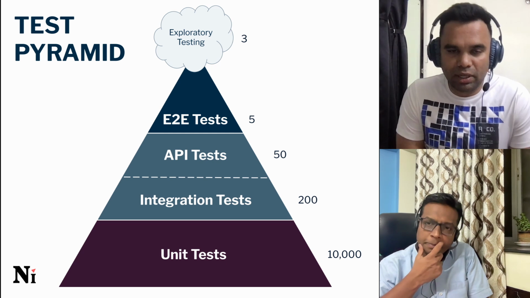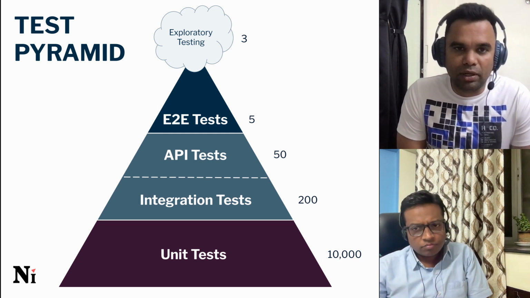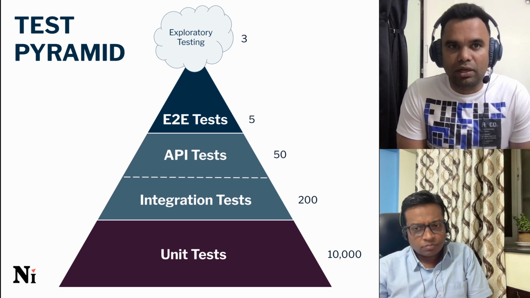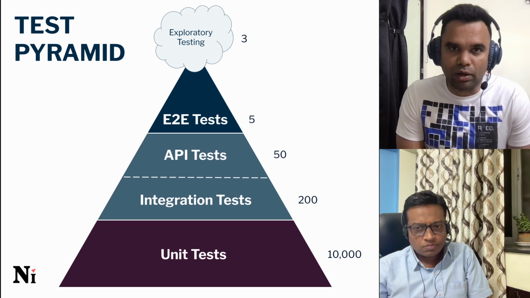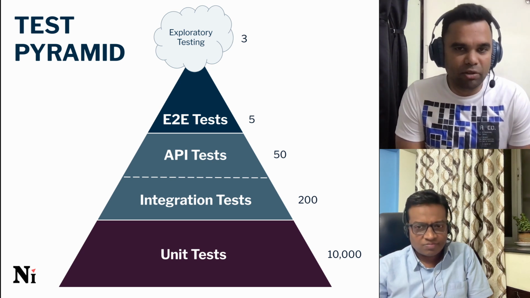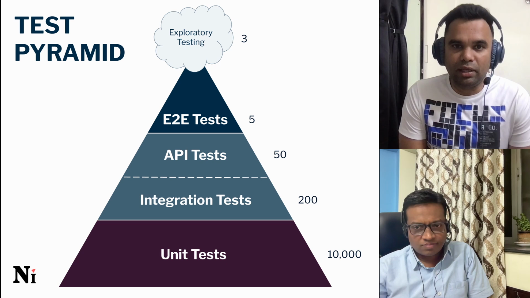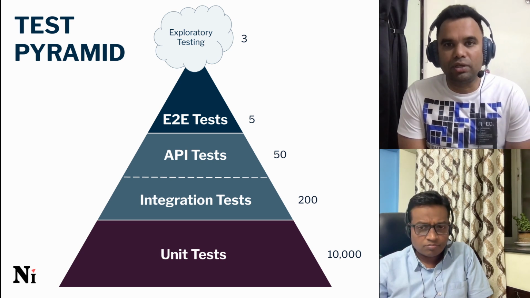And last but not the least, you see a small cloud shape on the top, and that is exploratory or manual testing. Some things human beings are really good at. No AI or no ML algorithm can mimic the way that we think and the scenarios that we are able to execute.